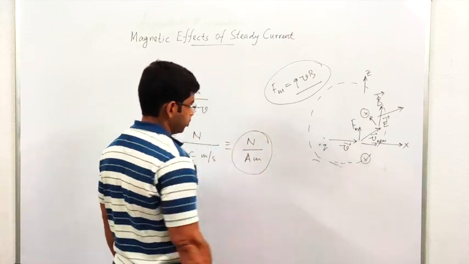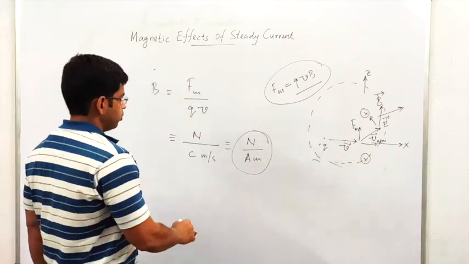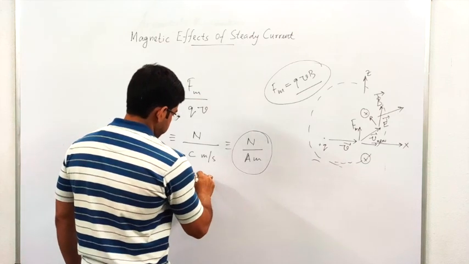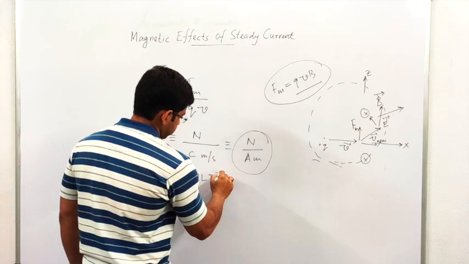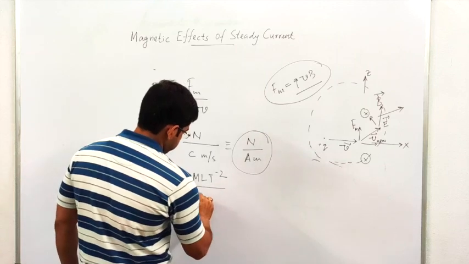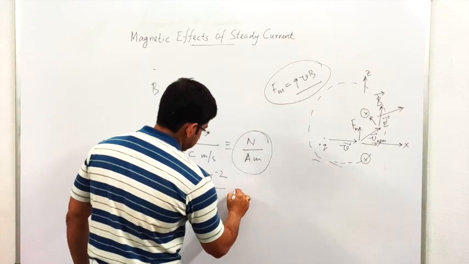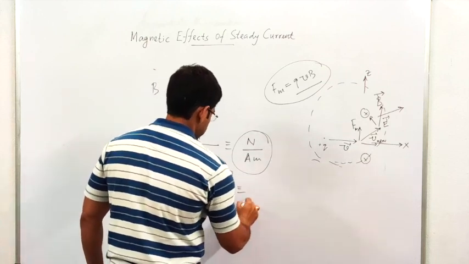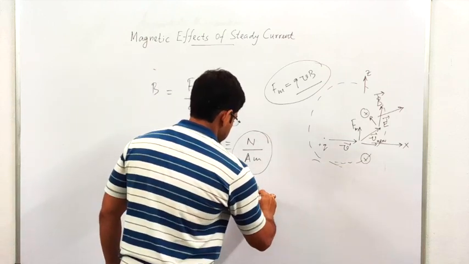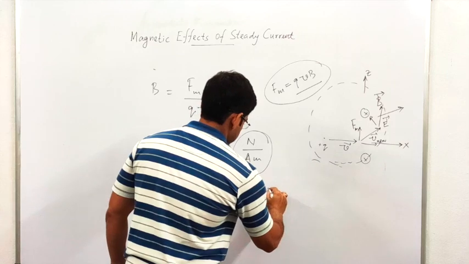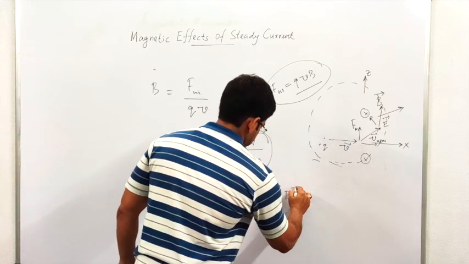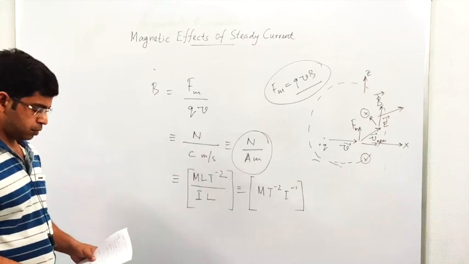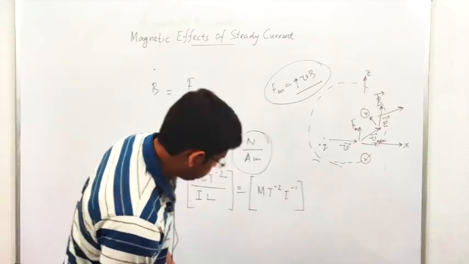So this is one unit of B. From this we can also write down the dimension. In the numerator we have M L T to the power minus 2. In the denominator we have I and L. So the dimension will be as shown here, so this is the dimension of the field B.